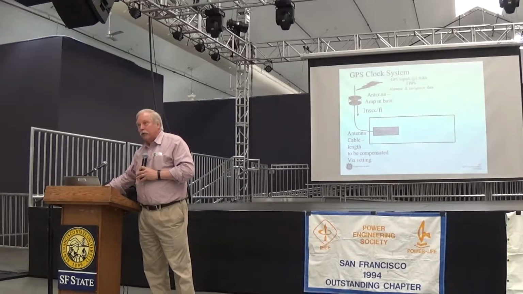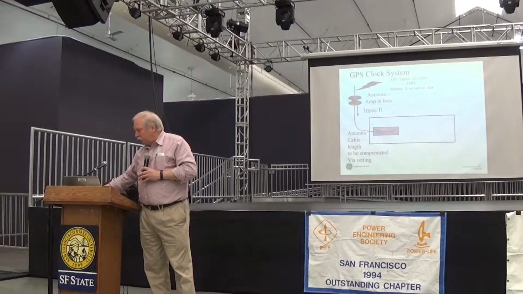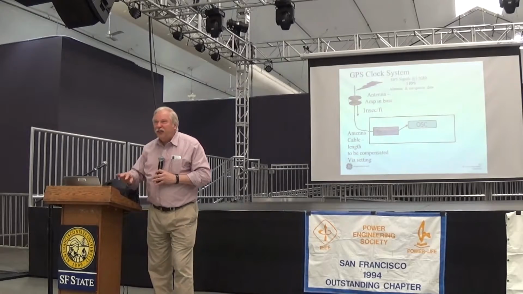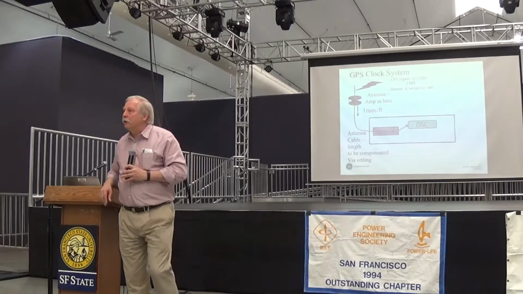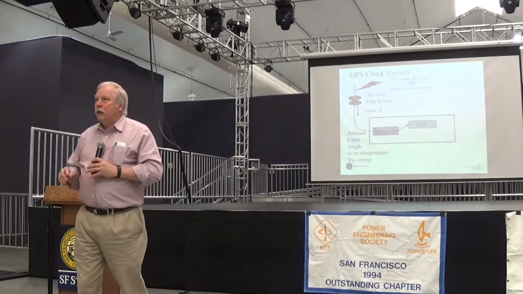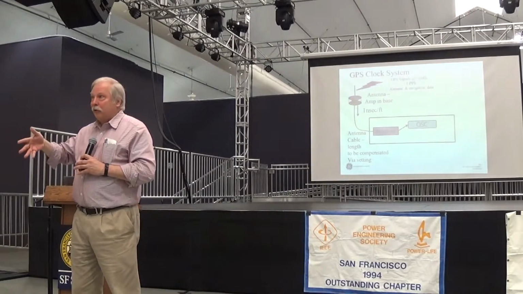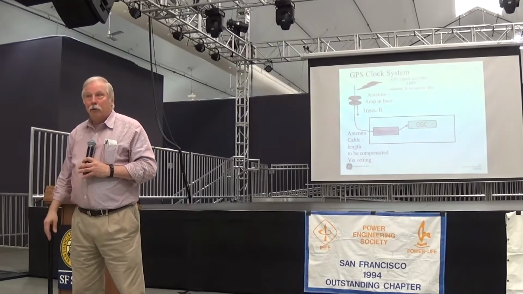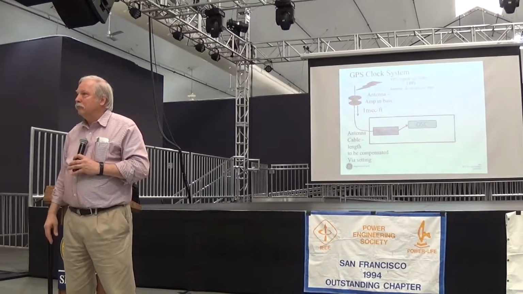Inside the clock there's a receiver that receives the signal from many satellites simultaneously, and then the receiver disciplines an oscillator. You buy an oscillator and say it's going to oscillate at 1 megahertz.